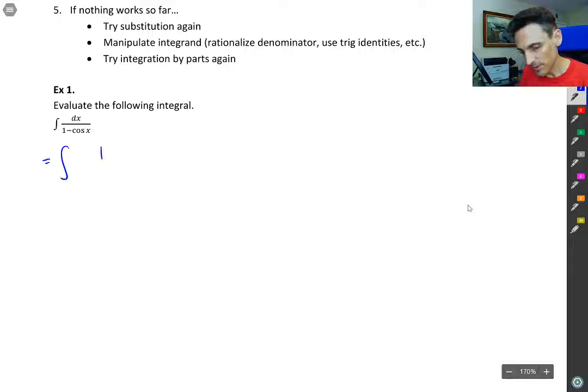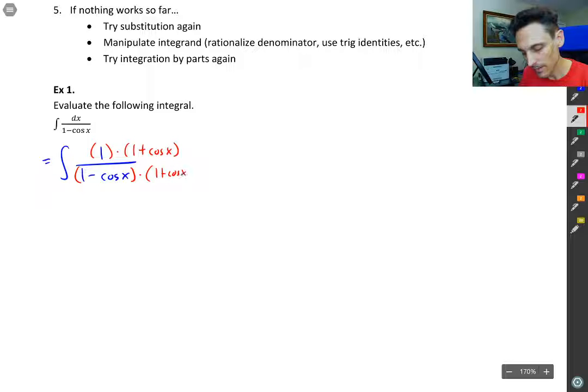So let's write this out here. We have 1 over 1 minus cosine x. If we multiply the top and the bottom of that fraction by 1 plus cosine x, then the bottom becomes 1 minus cosine squared x.